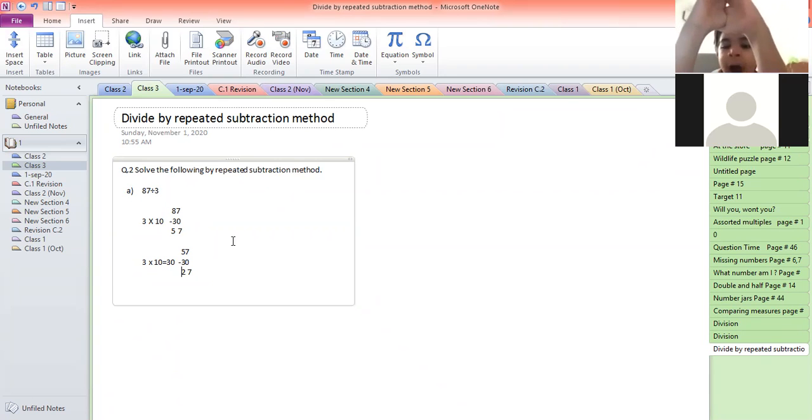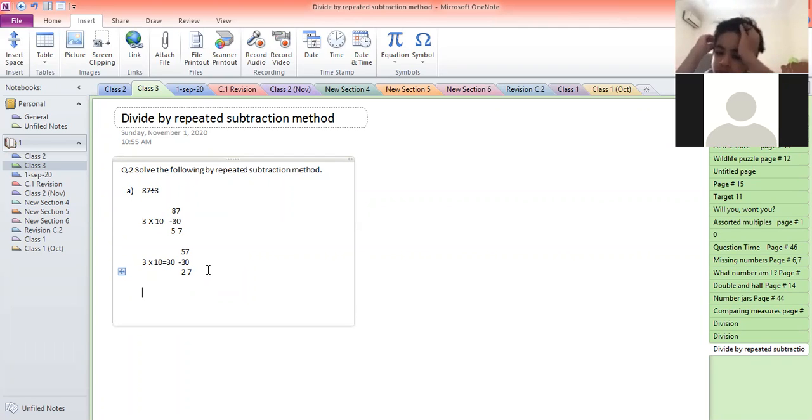Right? Now, can you multiply 3 by 10 again? No, you cannot, because 3 multiplied by 10 equals 30, and it is 27. 27 is less than 30. So now you multiply 3 by a number by which you can get 27. So you multiply 3 by 9, and you will get the answer 27.